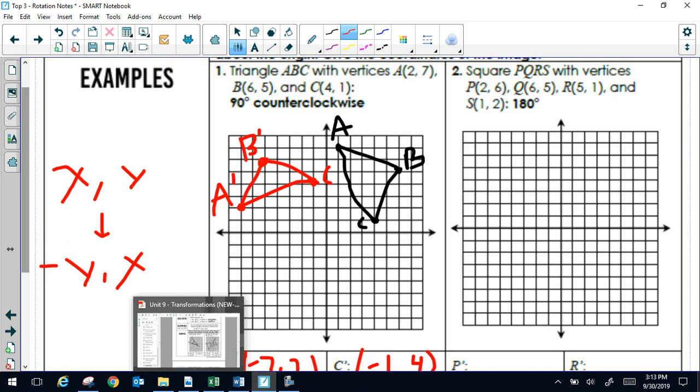Okay, so for the next one, they give me P at 2, 6. Q at 6, 5. R at 5, 1.